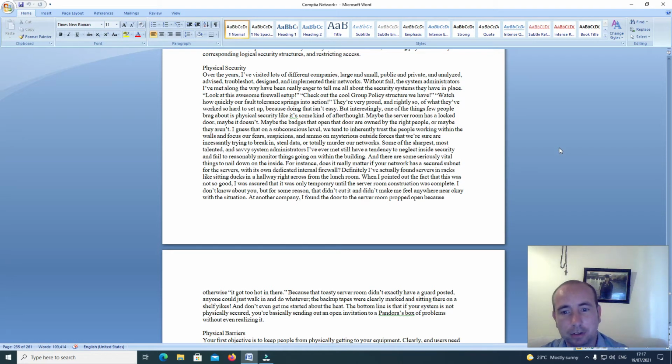They're very proud, and rightly so, of what they've worked so hard to set up, because doing this isn't easy. But interestingly, few people brag about physical security; it's like some kind of afterthought. Maybe the server room has a locked door, maybe it doesn't, maybe the badges that open that door are owned by the right people, or maybe they aren't.